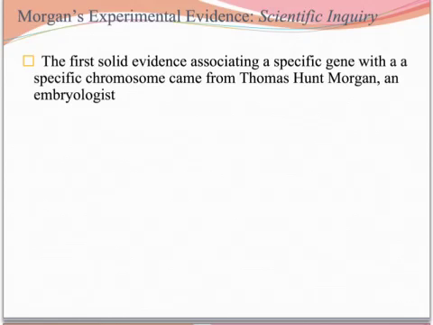So the first solid evidence for associating a specific gene with a chromosome came from a guy by the name of Thomas Hunt Morgan. And Morgan was an embryologist, studied obviously the embryos of different species, which at the time, since about Darwin on, was a really big thing to do.